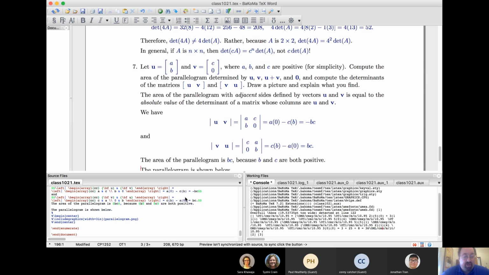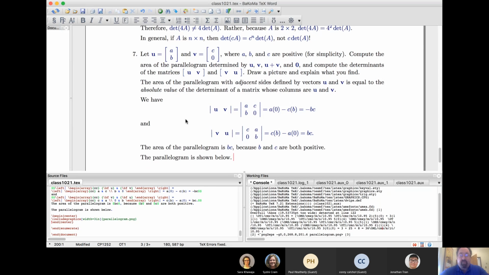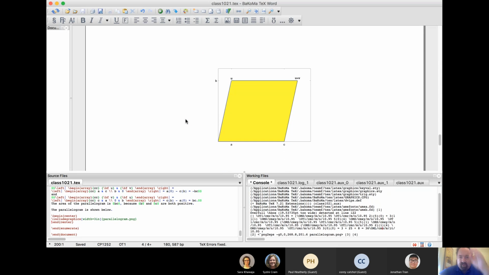So now I'm going to show you a picture of this parallelogram on the next page. Okay. So here we have this side right here. This is the vector u that has an x-coordinate of A and a y-coordinate of B. And then we have vector v.